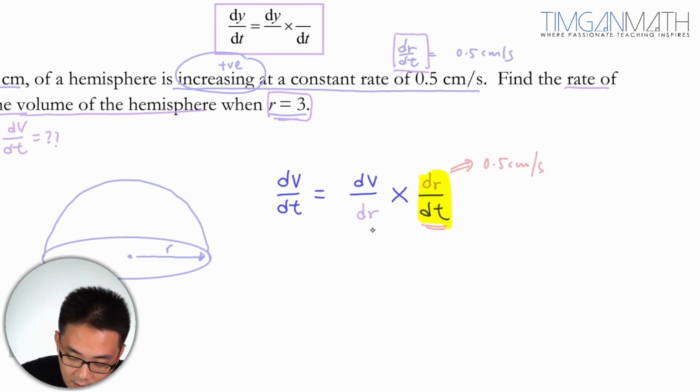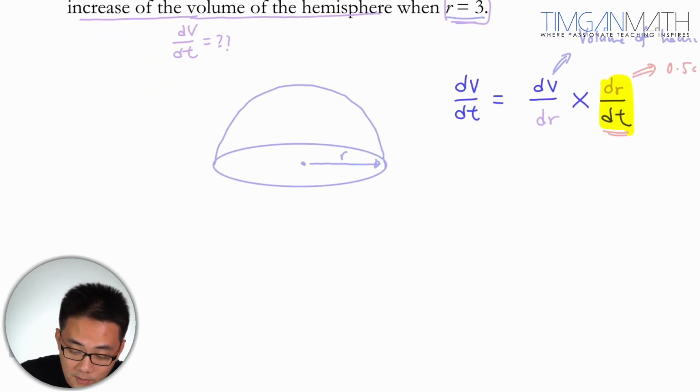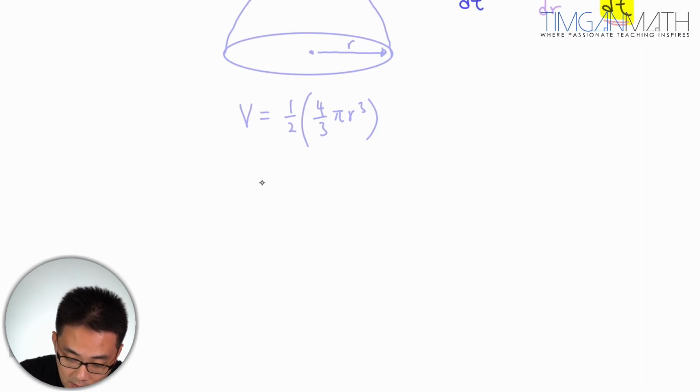Now dv dr, on the other hand, what we need is actually the volume. We need to find v, the volume of the hemisphere, in terms of r. So the volume of a hemisphere is half of a whole sphere. A sphere is 4/3 pi r cubed, so this will be 2/3 pi r cubed.